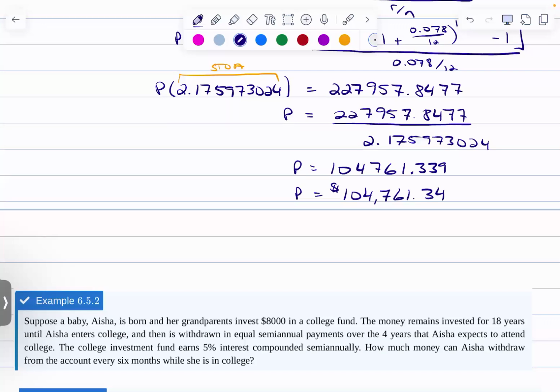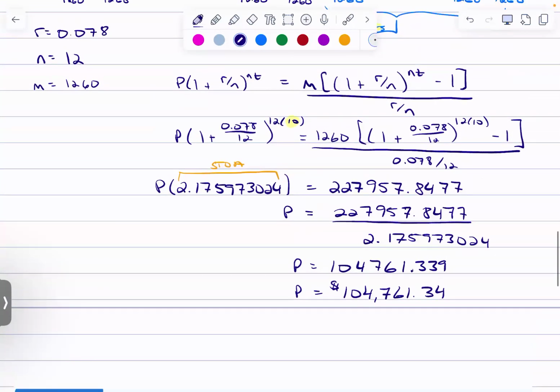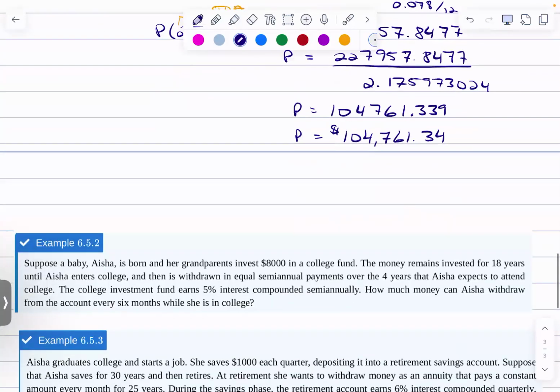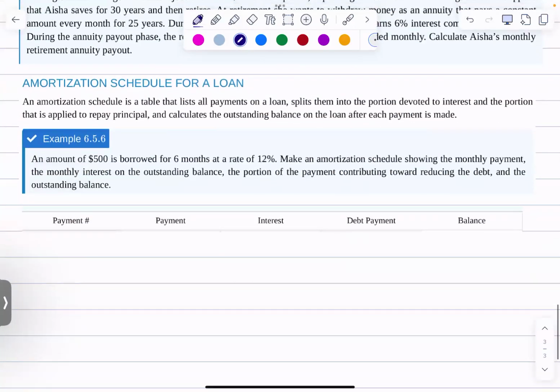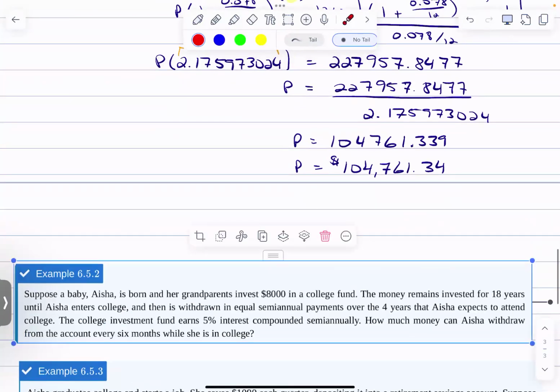You need to pay $104,761.34 after 20 years, 1995. I know, right? Don't worry. We're gonna build an amortization schedule. Don't you worry.